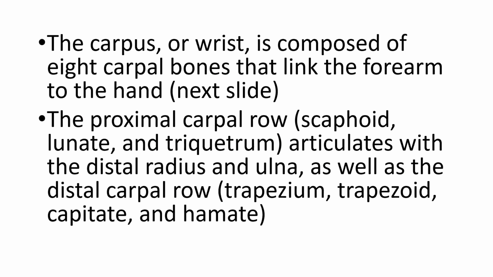The proximal carpal row, the scaphoid, lunate, and triquetrum, articulates with the distal radius and ulna, as well as the distal row: the trapezium, trapezoid, capitate, and hamate. Now, the pisiform is present within the flexor tendon, flexor carpi ulnaris.